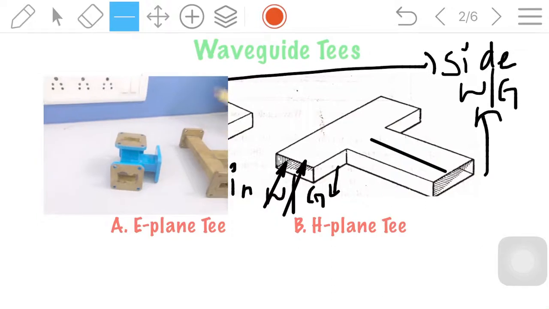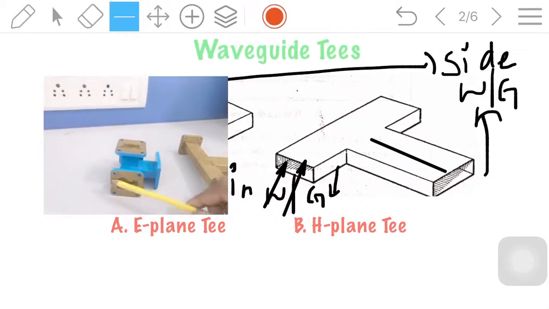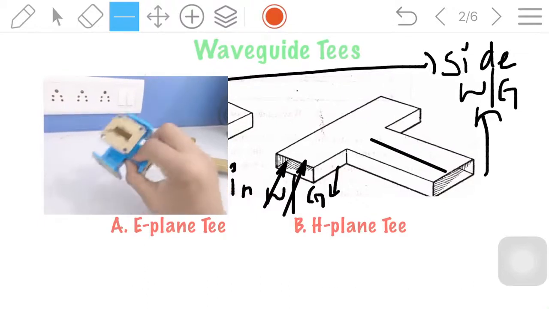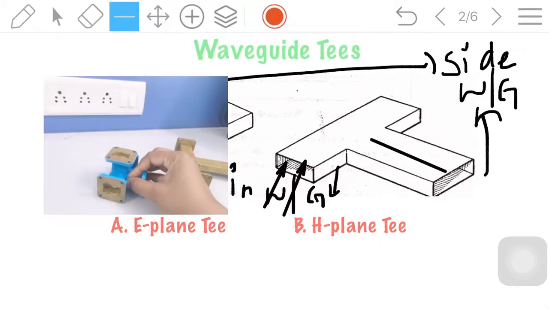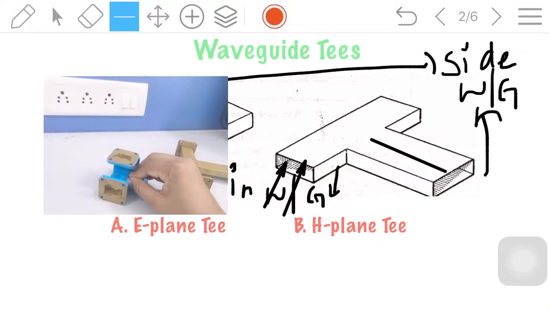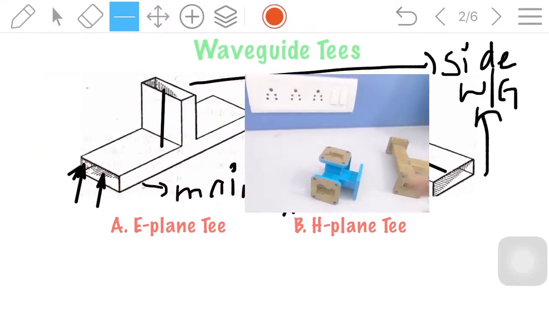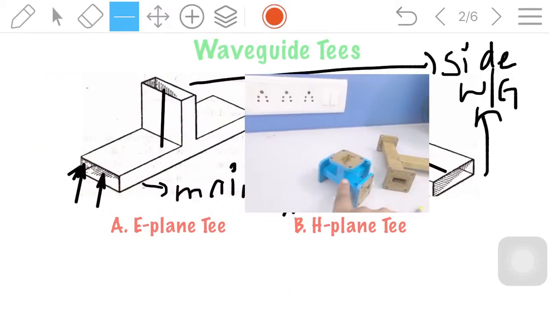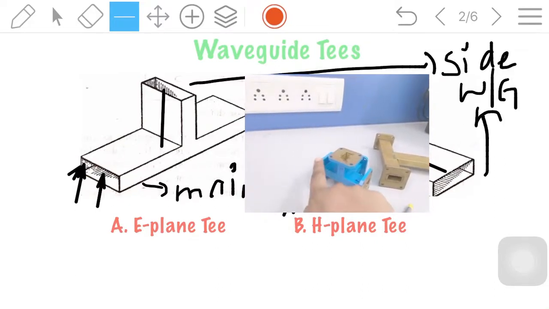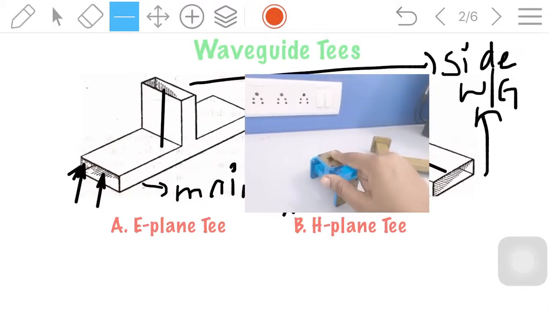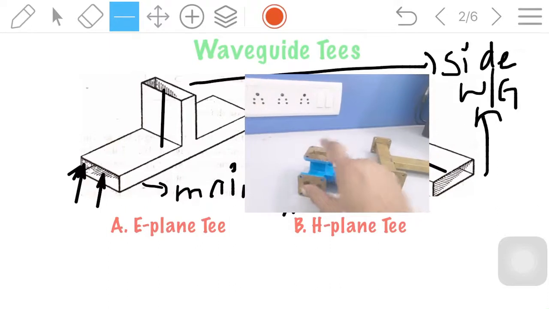Coming to this one, see carefully here. Now this one is actually a magic T. I am just ignoring this part, and what is left over are the 3 ports. If I ignore this part here, then it is called an E-plane T. See, this is a main waveguide, a continuous one having port 1 and port 2, and this is a branch waveguide which is coming from the top portion of the main waveguide.